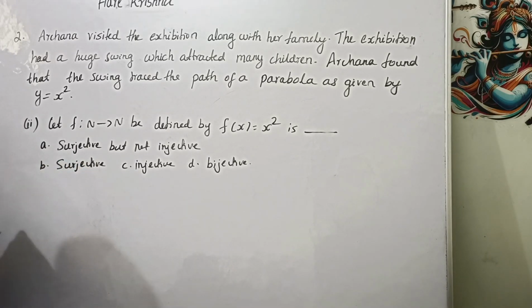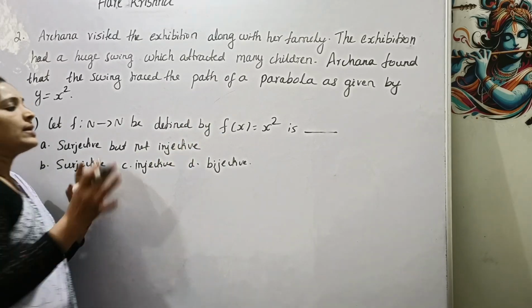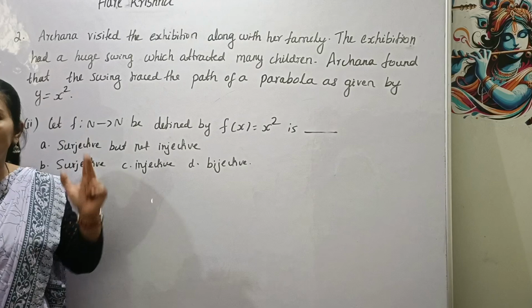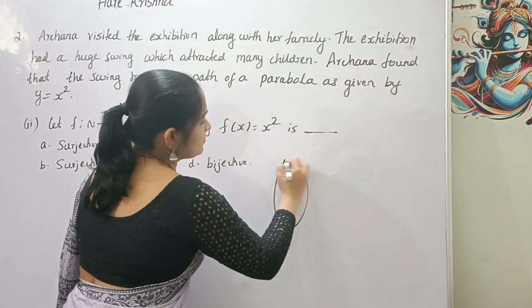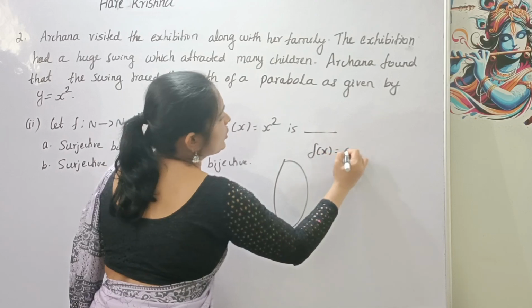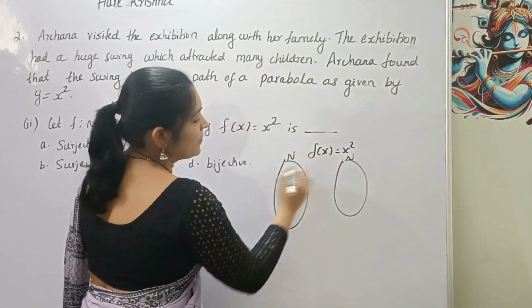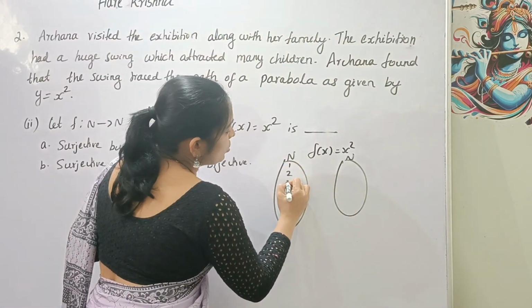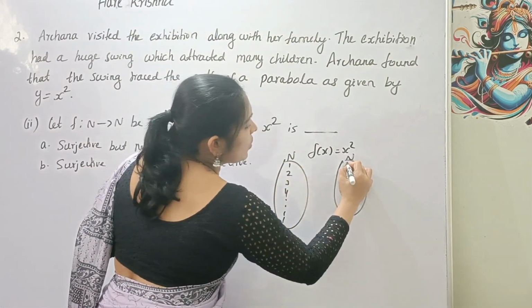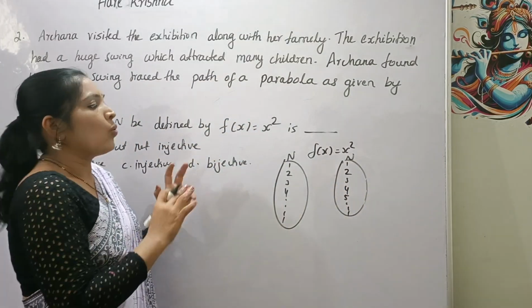So first of all, our function is f of x equals x square. Here domain is the set of natural numbers and codomain is the set of natural numbers. F of x equals x square, function from N to N. Natural numbers start from 1: 1, 2, 3, 4, 5, etc. Now, what is the function?